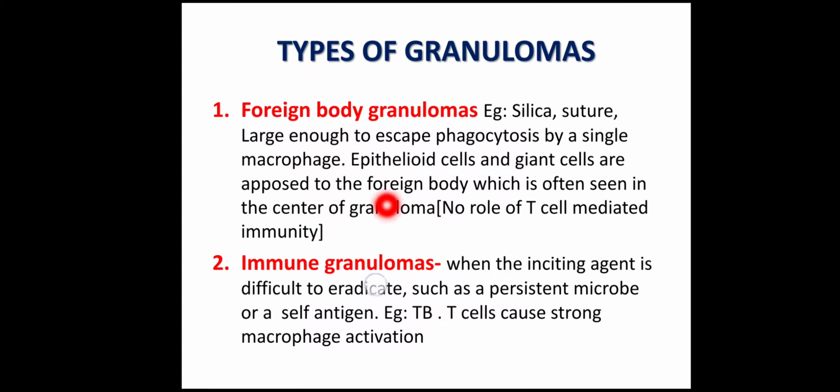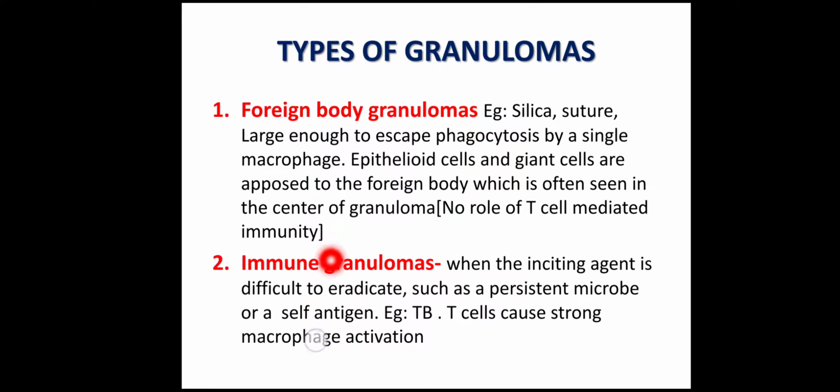They just lie next to it, and the foreign body will be seen in the center of that granuloma. There is no role of immunity in the formation of a foreign body granuloma. Basically there is a foreign body in the center, the macrophages are just opposing it, and a giant cell is formed in which the foreign body will be present in the center.